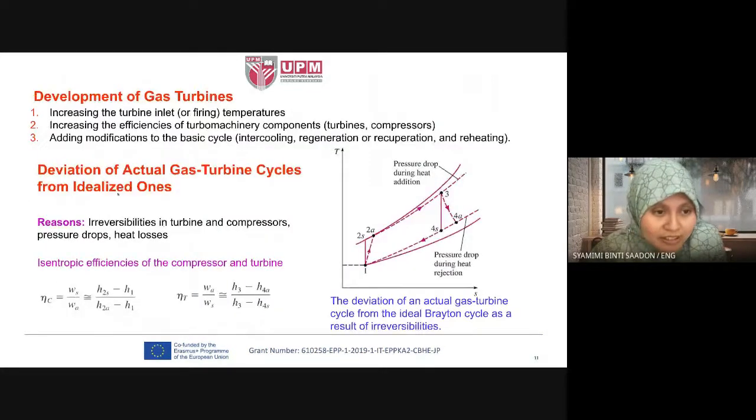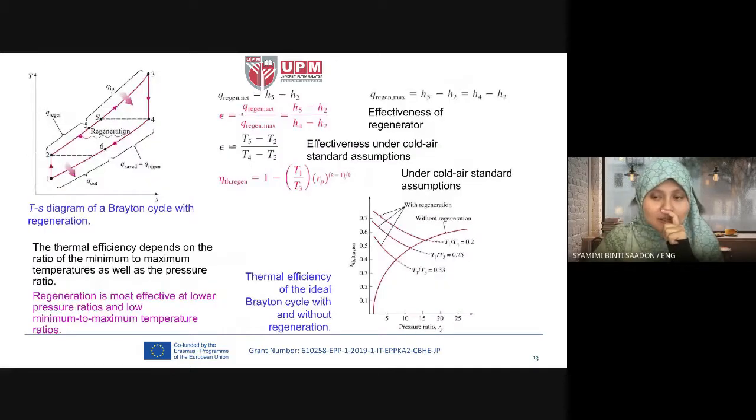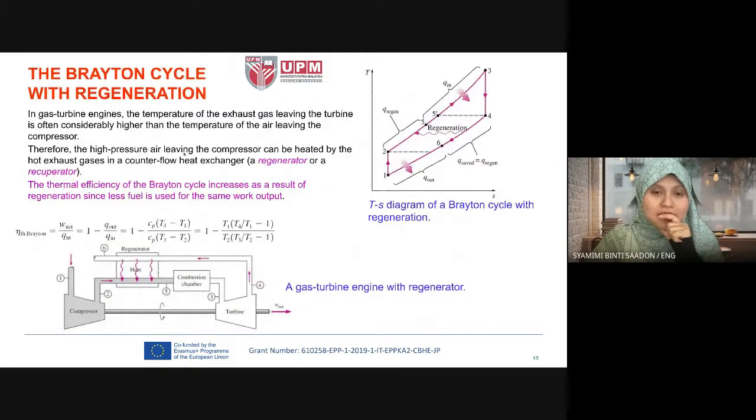So the third method is doing modification to the basic cycle, with several options. One option is regeneration, the same as the Edison and Stirling cycle just now.